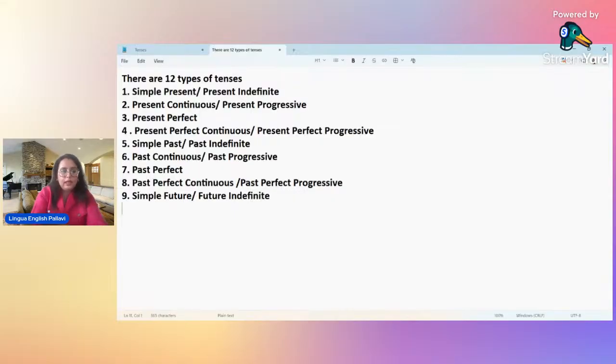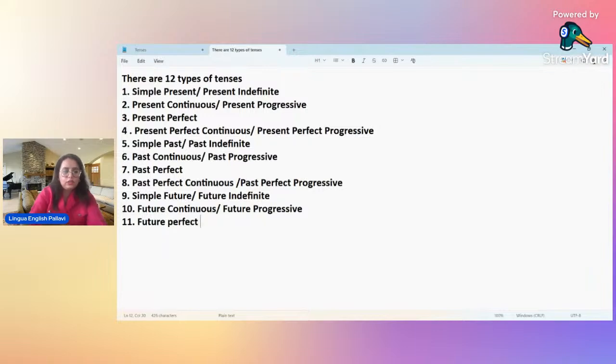After that, the next one, the 10th one, is future continuous, and we also call it future progressive. The next one, the 11th one, will be, yes, future perfect. You got it right.